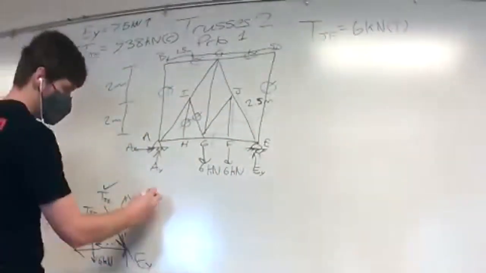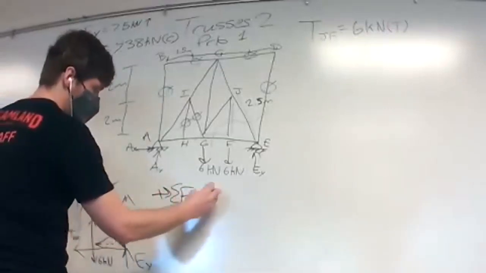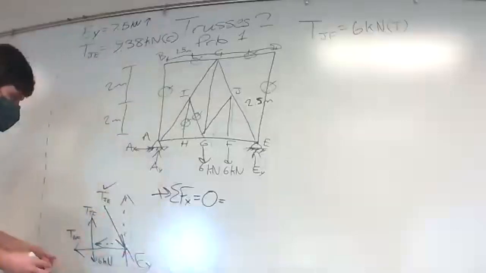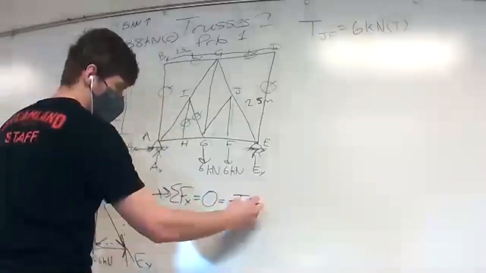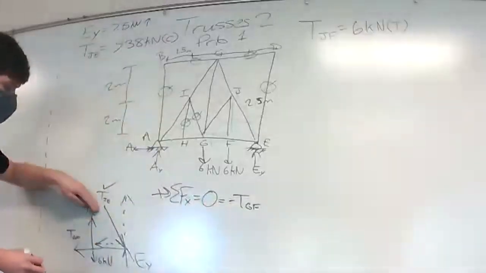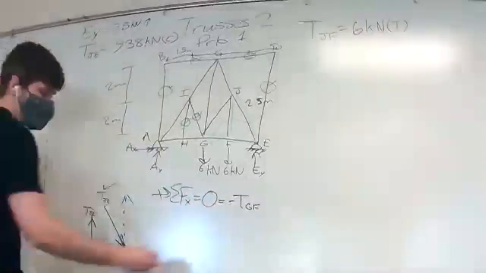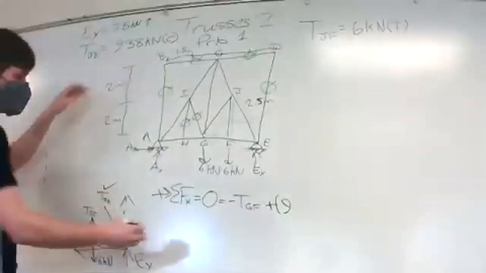And now, last but not least, we can do the sum of the forces in the x direction equal to 0, equal to minus TGF, and then plus, because we see that TJE is going down into the right, plus our value for TJE.